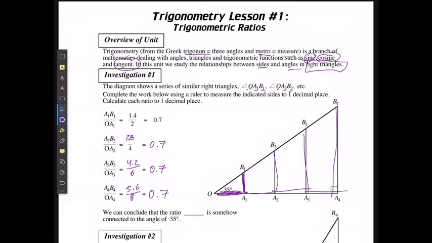So it's literally just telling us a slope, which is why we know it's always going to be the same, all based on this right angle triangle. So we can say that the ratio is going to be 0.7, and it's somehow connected to an angle of 35 degrees.